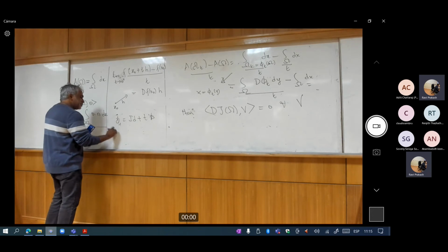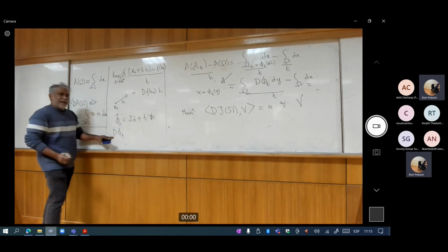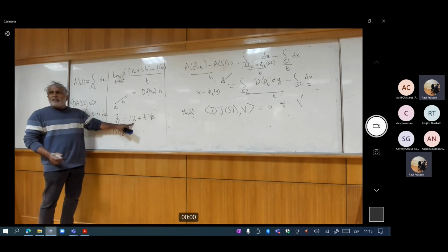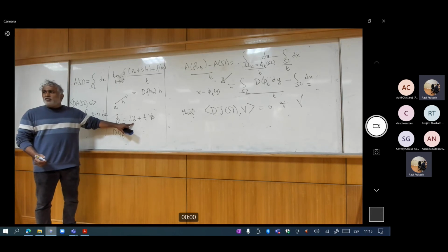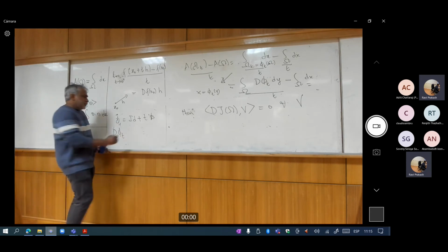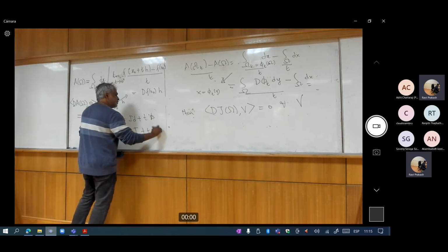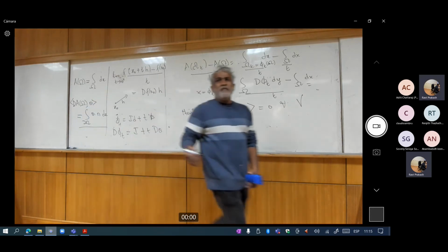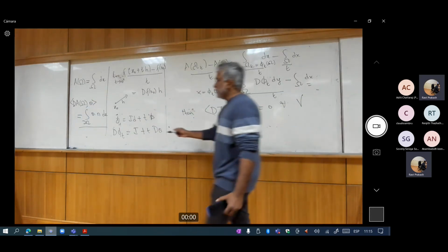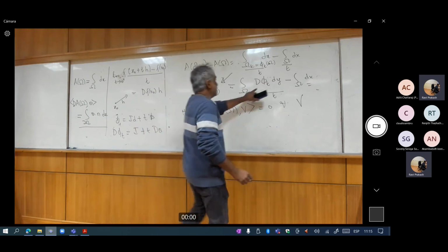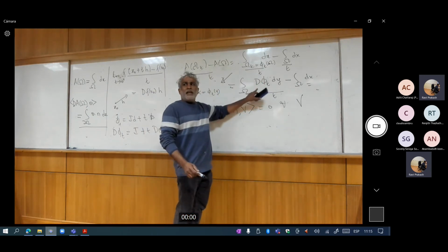So d phi is the derivative with respect to x of the identity function, and its derivative is just the identity matrix. So this will be identity plus t times d theta. Okay, we are deriving with respect to x here, and d theta is the derivative of the vector field.